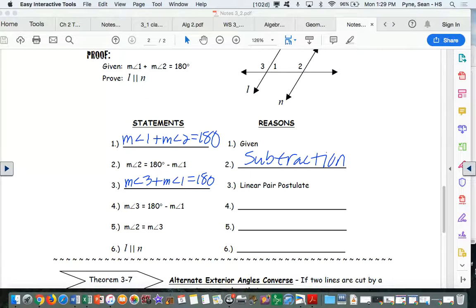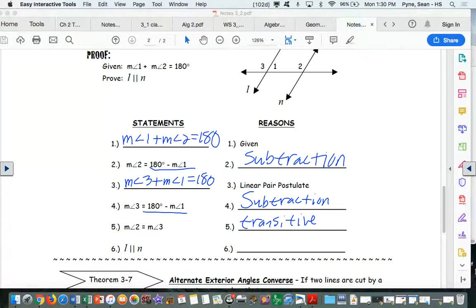What's 4? Subtraction. Excellent. What's 5? Transitive. Now, looking at angle 2 and angle 3, we now know that they're equal to each other.